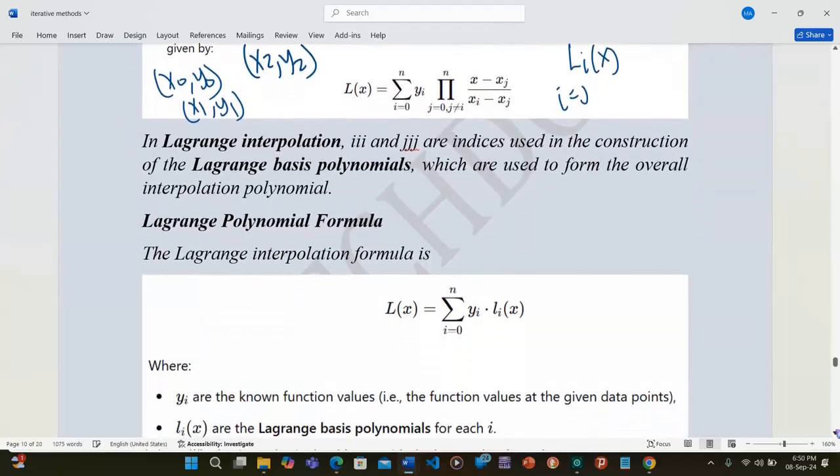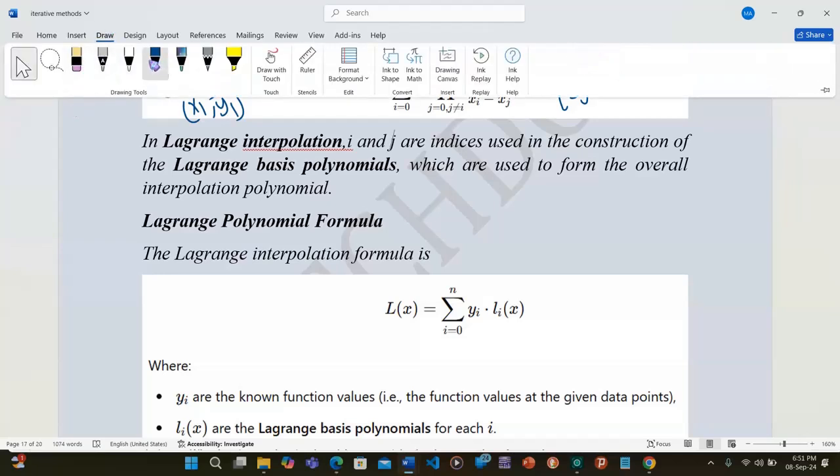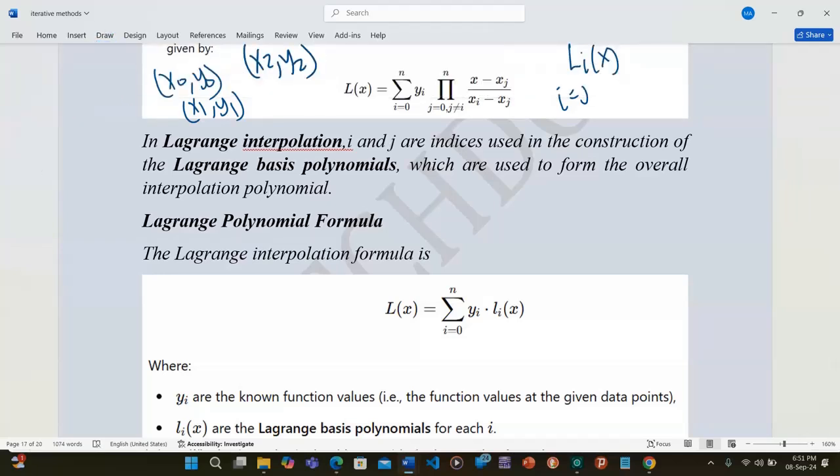Anyway, let me go through it so that you can understand. The i and j are indices, as I said. This is the construction of the Lagrange basis polynomials used to form the overall interpolation. The yi is the known function value at the given data points.